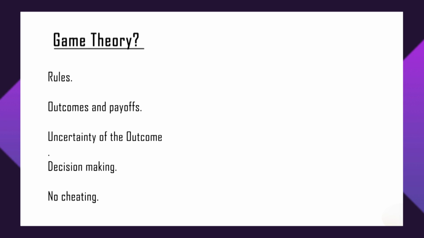Uncertainty of the outcome. Definitely there is an outcome, but what is the probability of achieving the outcome? Decision making, how we set the decision for solving any problem. Is the decision correct? How do we justify, how do we verify these decisions? There is no cheating allowed.